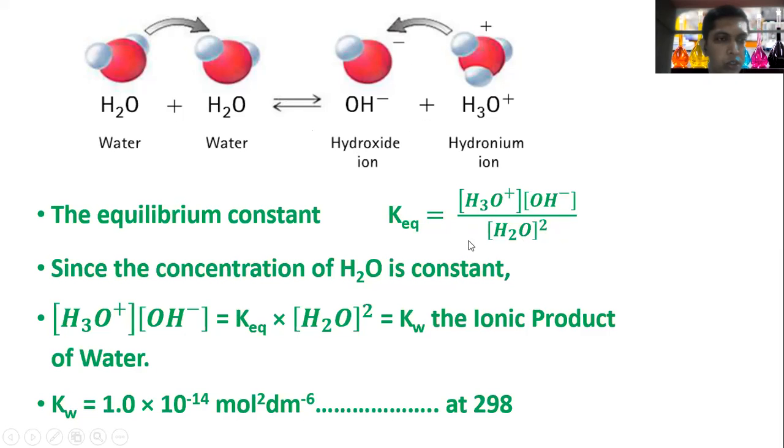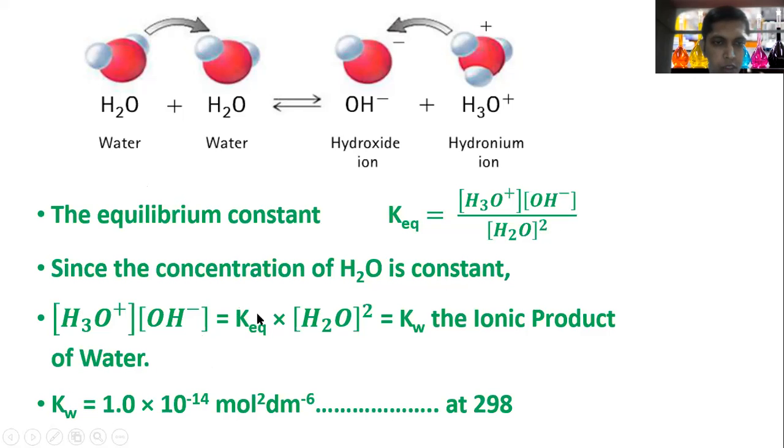Since the concentration of water will remain almost constant, you can take this square of concentration of water to this side. So we will get this equation. The product of concentration of hydronium ions and hydroxide ions is equal to the equilibrium constant for the dissociation of water molecules multiplied by the square of concentration of water.